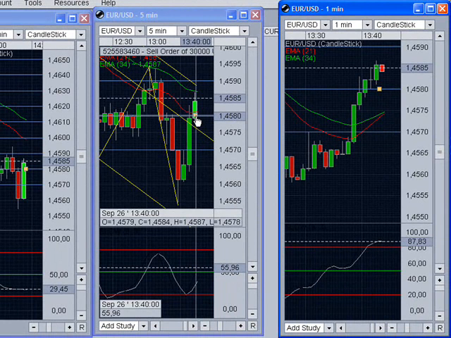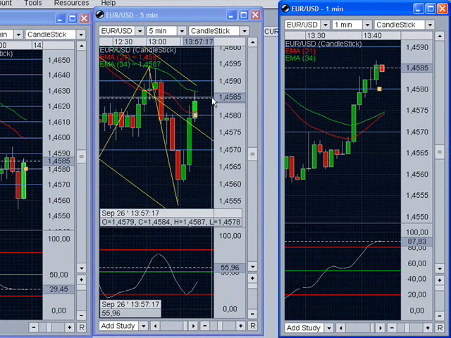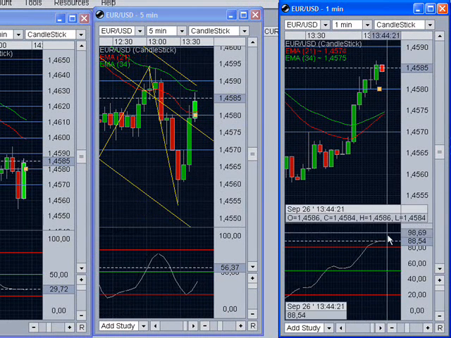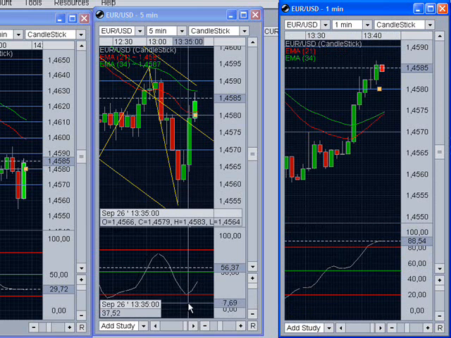We are working according to our plan. We are waiting now for the price to go down. All the indications are good. The only one that I don't like is this stochastic on the 5 minute that is pointing up.